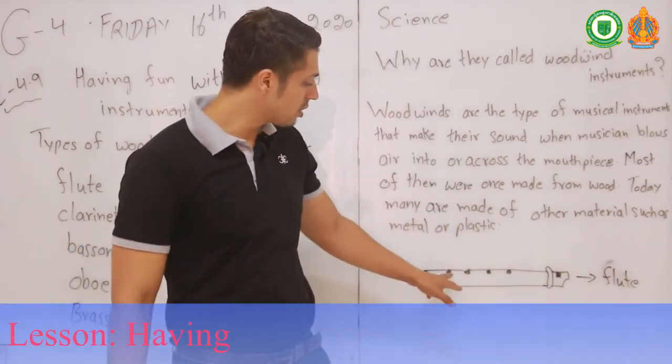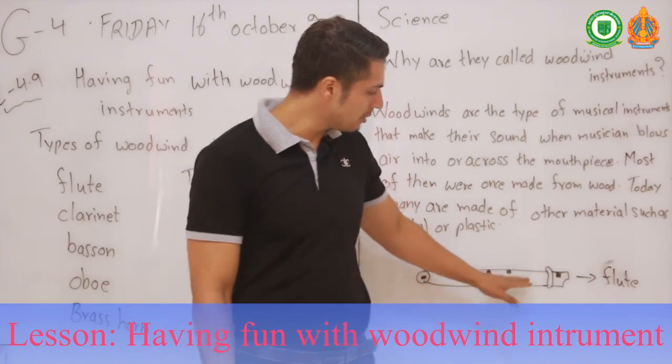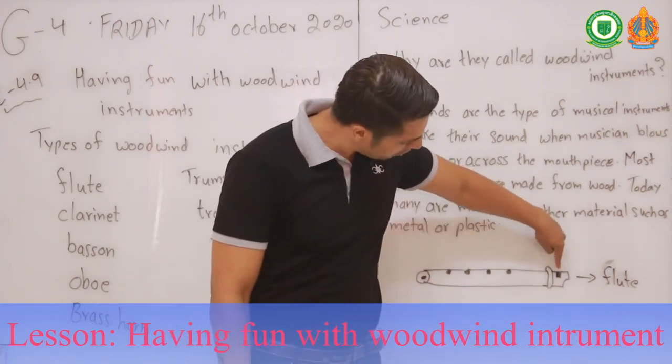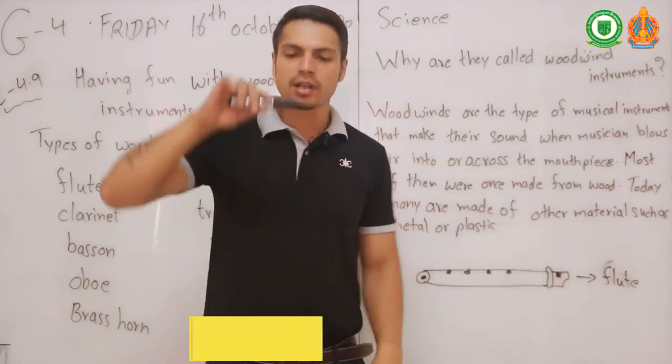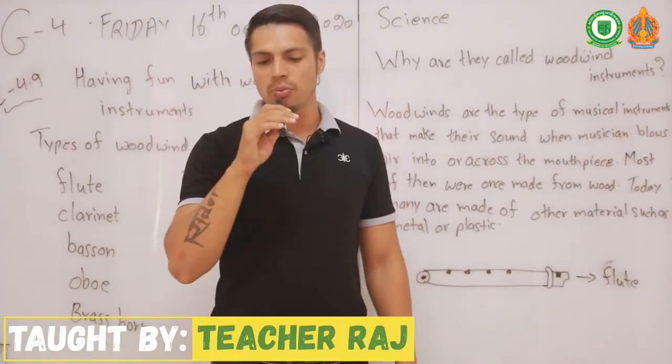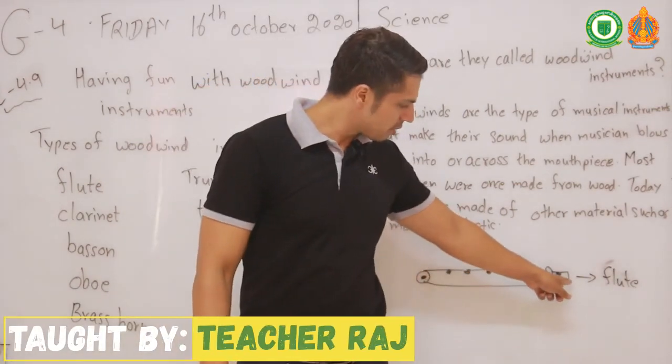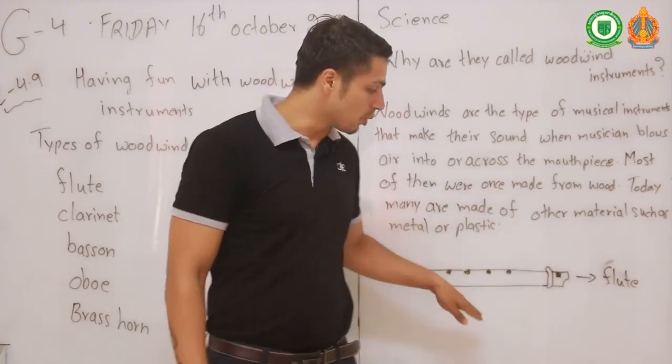A flute has holes. When you blow across the side hole, you blow across, and when you blow from the end, you blow into it.